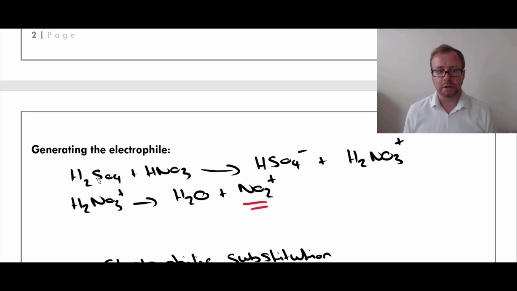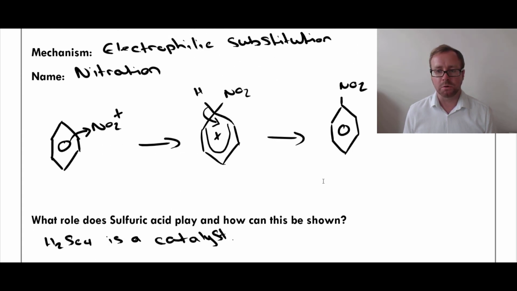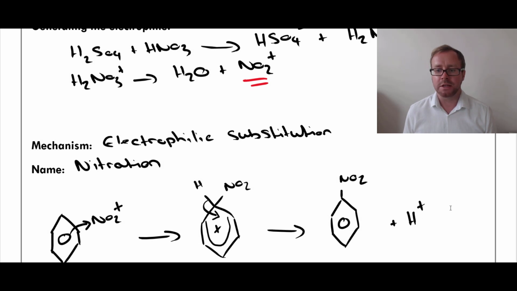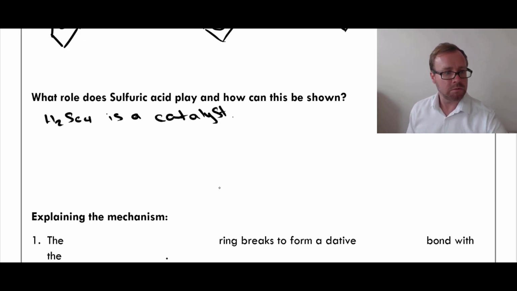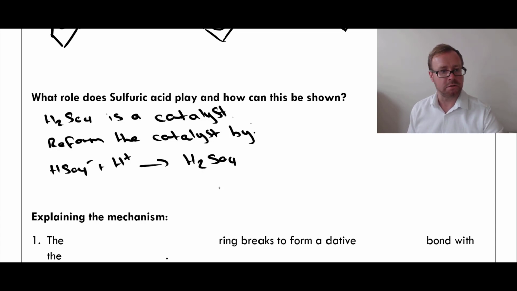Well, it looks like it has been used up, but what actually happens is that we can reform the H2SO4 because we have a H+ left over here. So we reform the catalyst by using our H+, which has been substituted out, to produce H2SO4 again. Therefore it has not been used up in the reaction, so it acts as a catalyst.